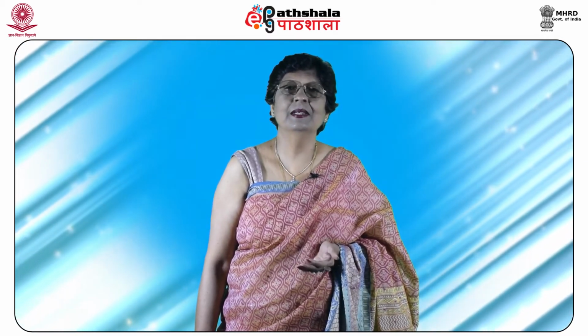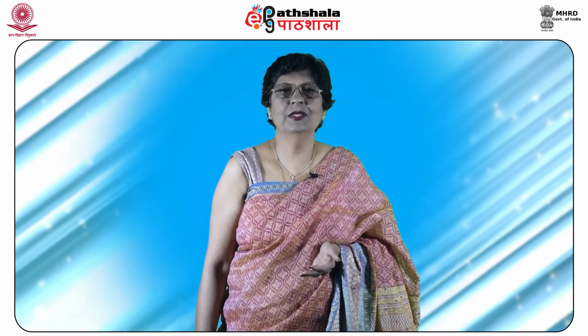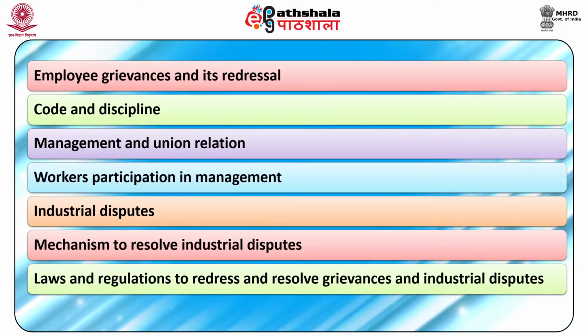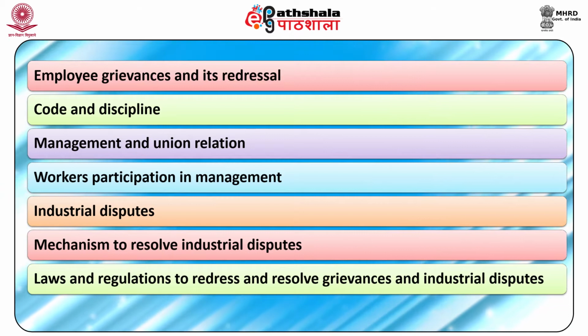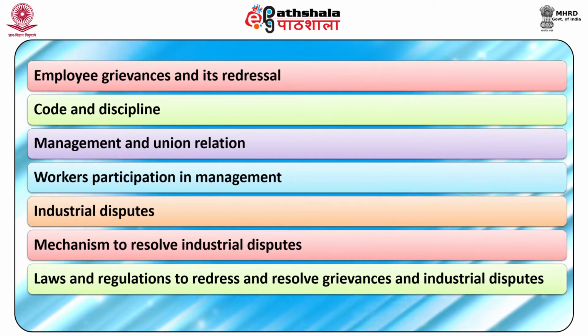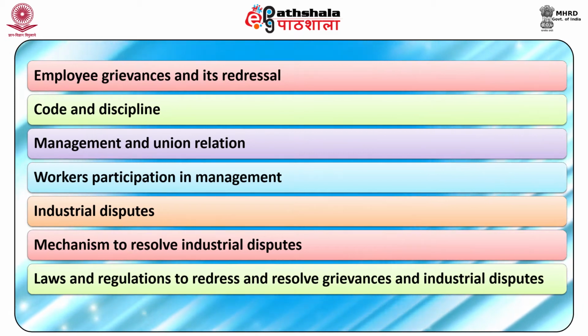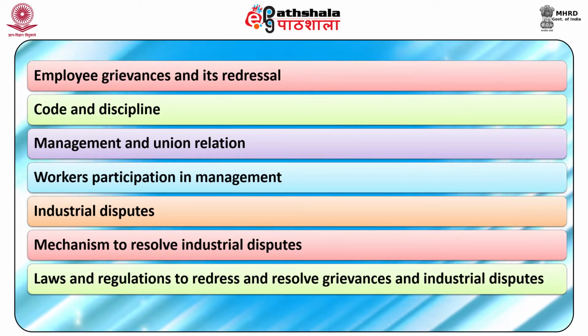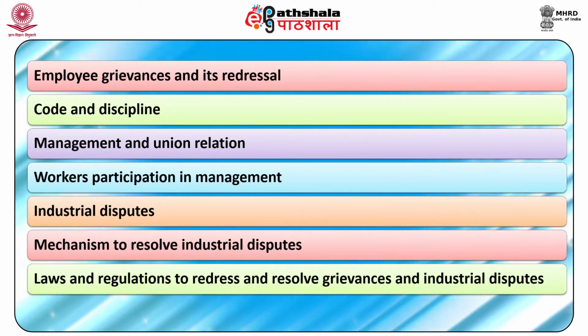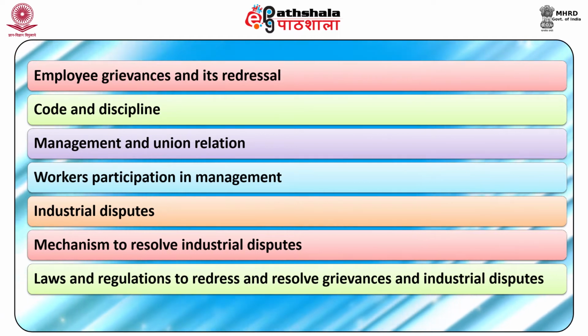Since it is management and the union which is highlighted the most in industrial relations, the main issues related to industrial relations include employee grievances and their redressal, code and discipline, management and union relations, workers' participation in management, industrial disputes, mechanisms to resolve industrial disputes, and lastly, laws and regulations to redress and resolve grievances and industrial disputes.